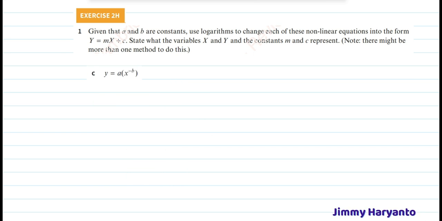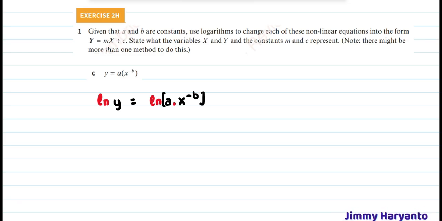And then for this one it is the same. I want to add ln to the left hand side and also ln to the right hand side. So I will have ln y equals ln a times x to the power of negative b. For this one, you have to use the properties of logarithm, which is the product rule. The product rule says when you have multiplication inside a logarithm, it will become plus like this.